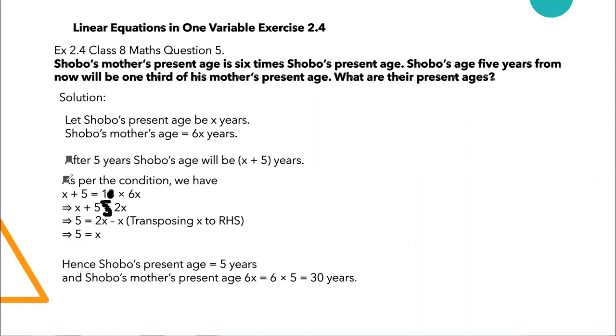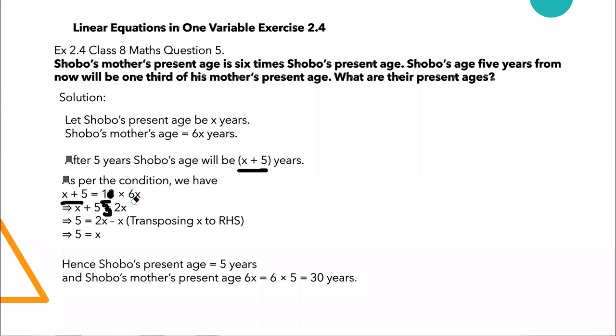Okay, now let's go forward. So, as per this condition, after 5 years means x plus 5 is written. All right. Now, it will be 1/3 of his mother's age, means 1/3 is multiplied with 6x, which is his mother's age, right?